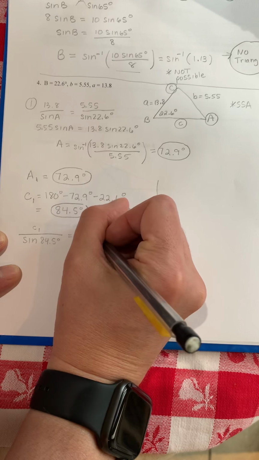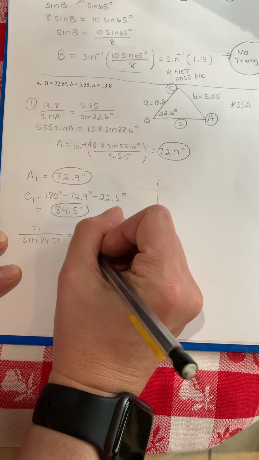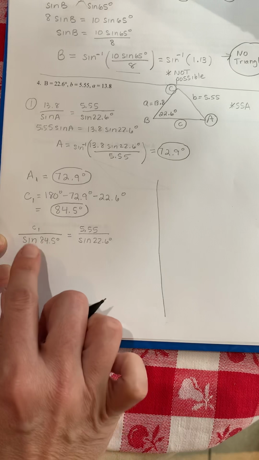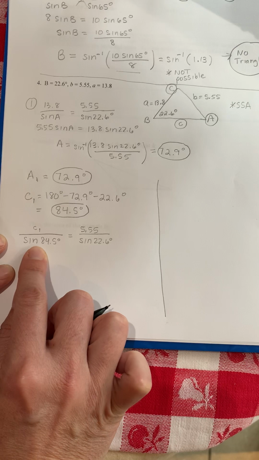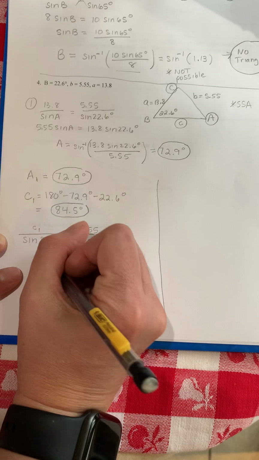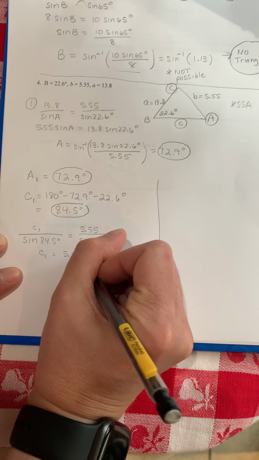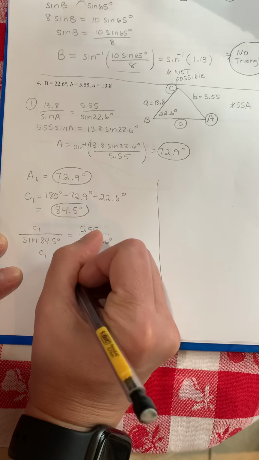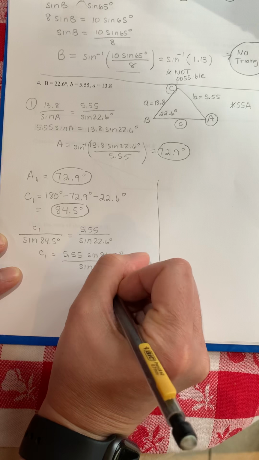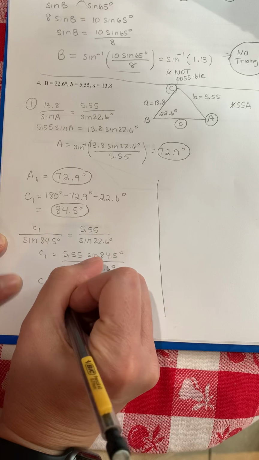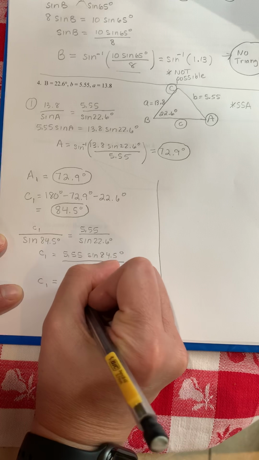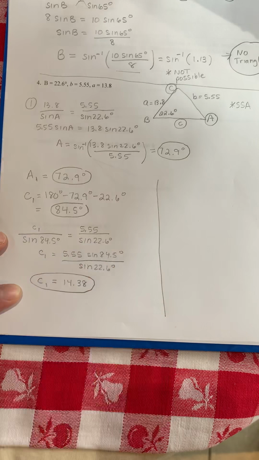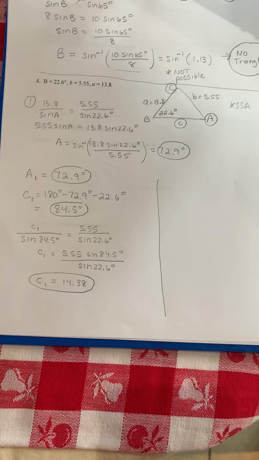So 5.55 for side B all over the sine of 22.6 degrees for angle B. I just need to multiply both sides by the sine of 84.5 degrees. So I have 5.55 times the sine of 84.5 degrees, all over the sine of 22.6 degrees, and side C1 ends up being about 14.38 when you put that expression in your calculator. Okay, so that's our first triangle.